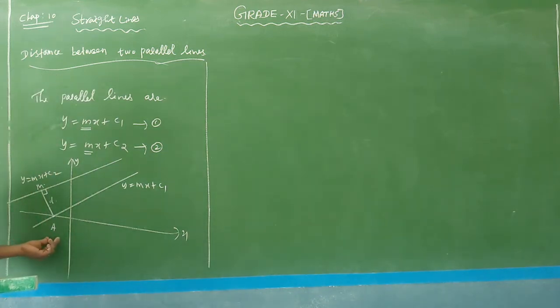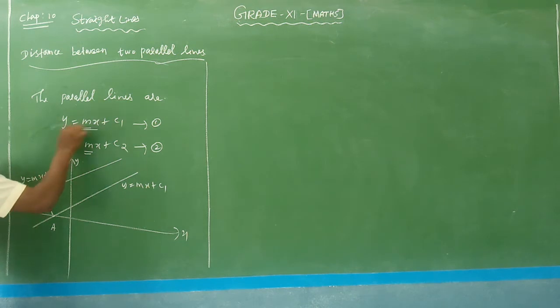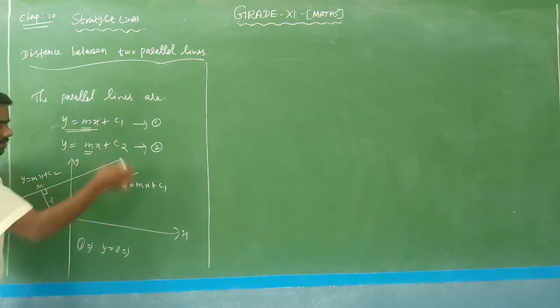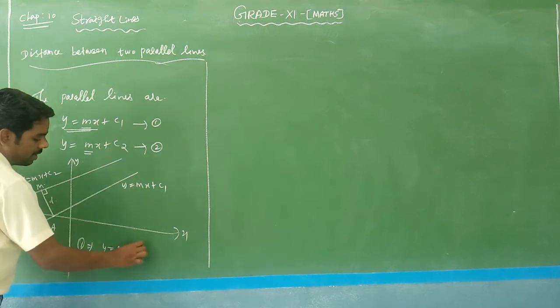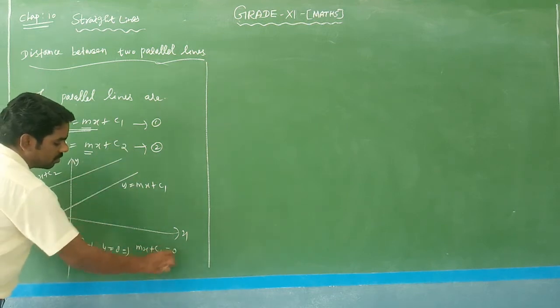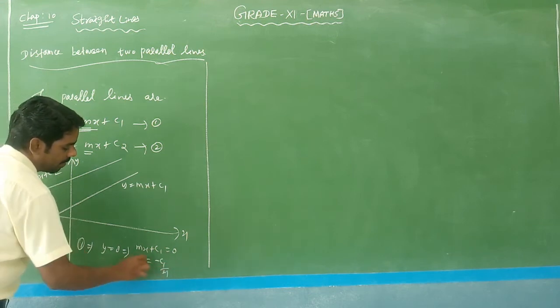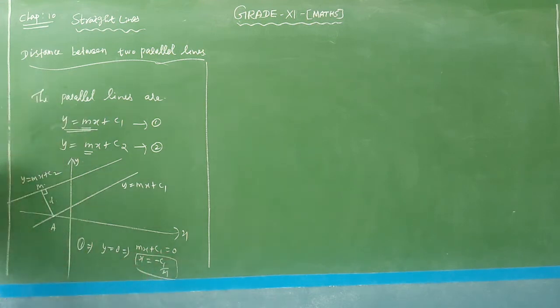The coordinate point A is the x-intercept of the first equation. X-intercept means y is 0. So substitute y equal to 0 in equation number 1: mx plus c1 equal to 0, then x is equal to minus c1 by m.